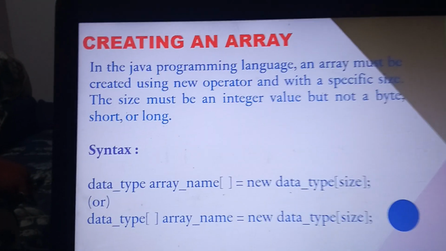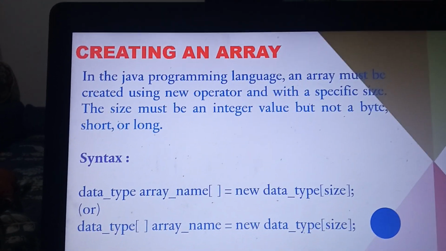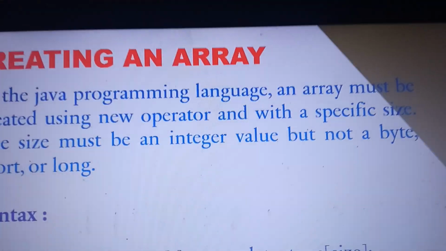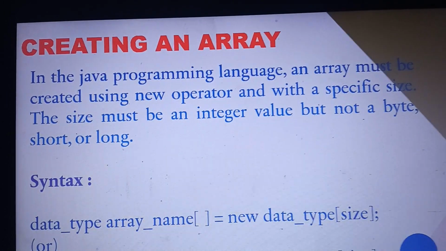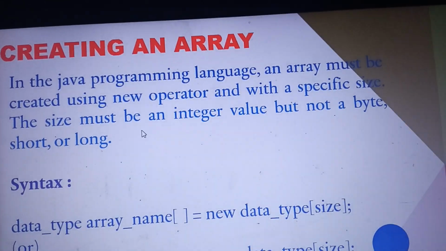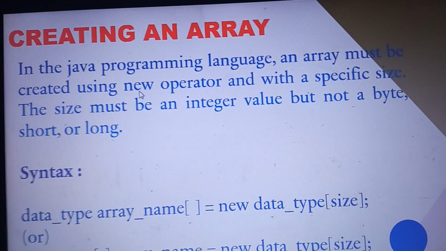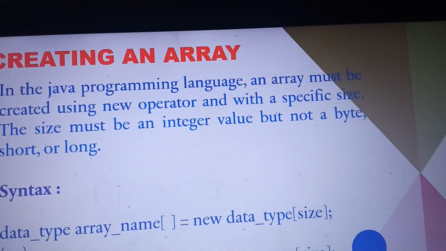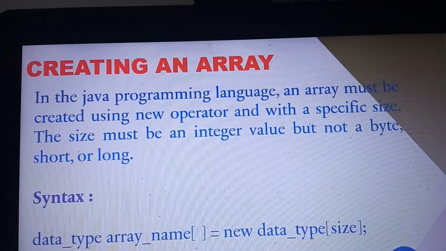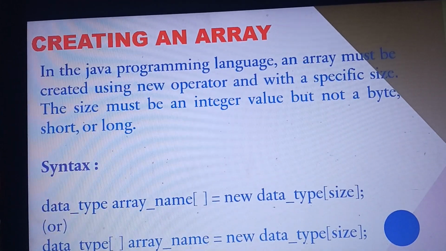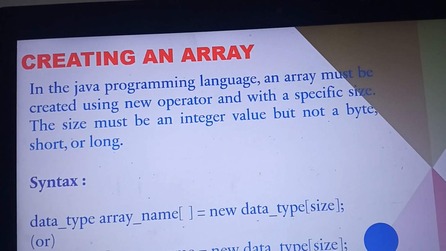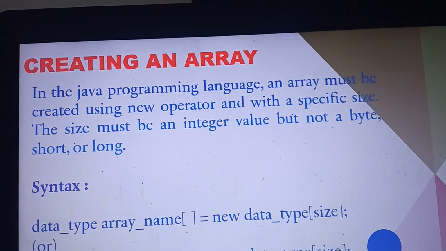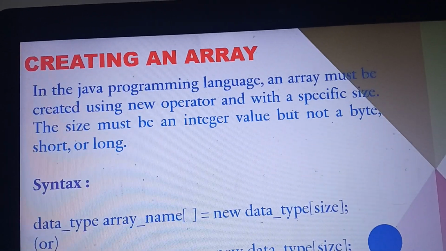Now, how do you create and declare an array? In Java, an array must be created using the new operator. Please remember, always declare an array using the new operator with a specific size, because an array is fixed size: you must declare how many values you need to assign.